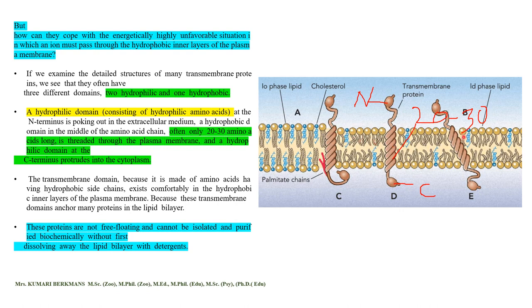This is the lipid bilayer. These proteins are not free floating and cannot be isolated and purified biochemically without first dissolving away the lipid bilayer with a detergent. So this cannot be isolated.